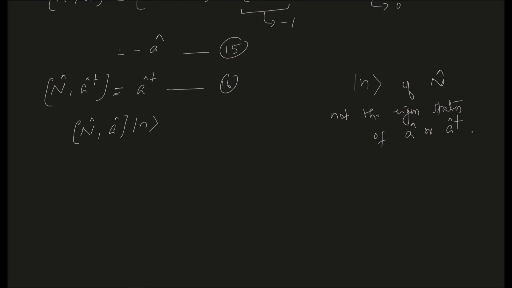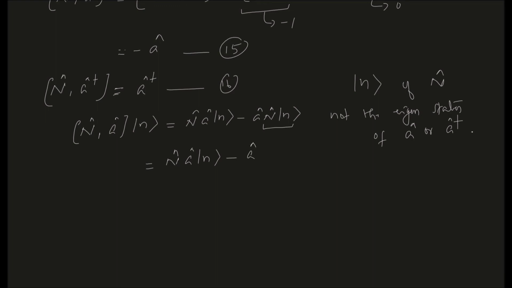However, we see what is the effect of this commutation NA acting on these kets |n>, small kets |n>. So this is basically NA acting on |n> minus AN acting on |n>, right? So this can be written as N A |n> minus A N |n>, and these are the eigenstates.